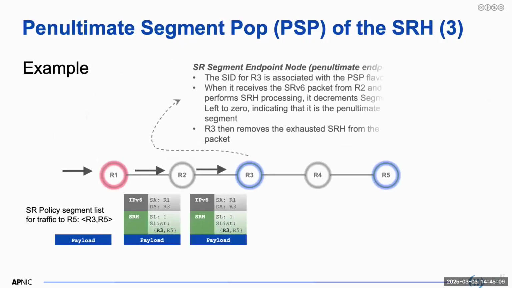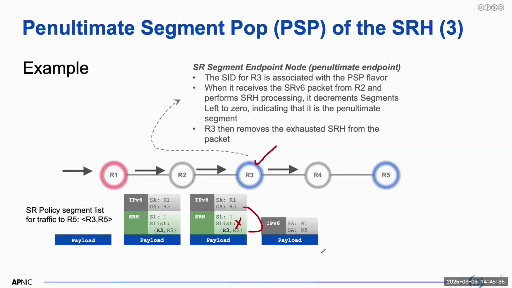So when the packet reaches the second last node in the segment list, it does the PSP. Because there is only R5 left, in this case it will move R5 here and it will scrap the SRH, because you do not need the SRH any further, as there is just one node left.